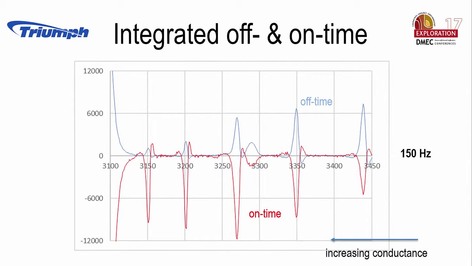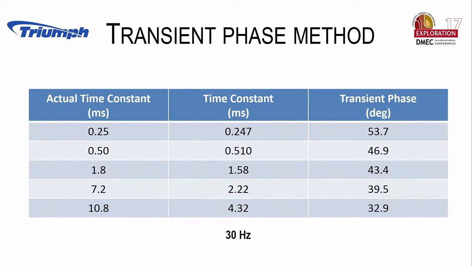So if we integrate that, you can see moving from right to left, the off time dominates, and then the on time dominates. I've left the on time as a negative. And so for 30 hertz as an example, we can look at the actual time constant, which is on the left.